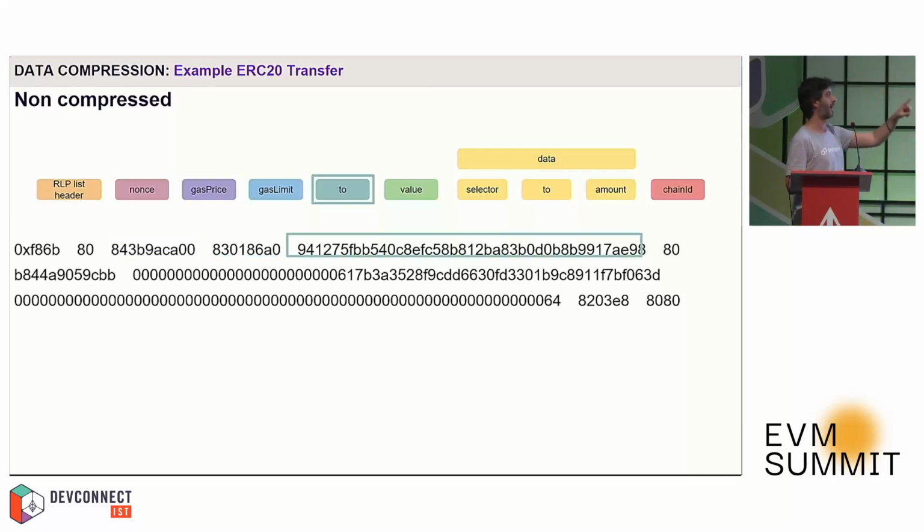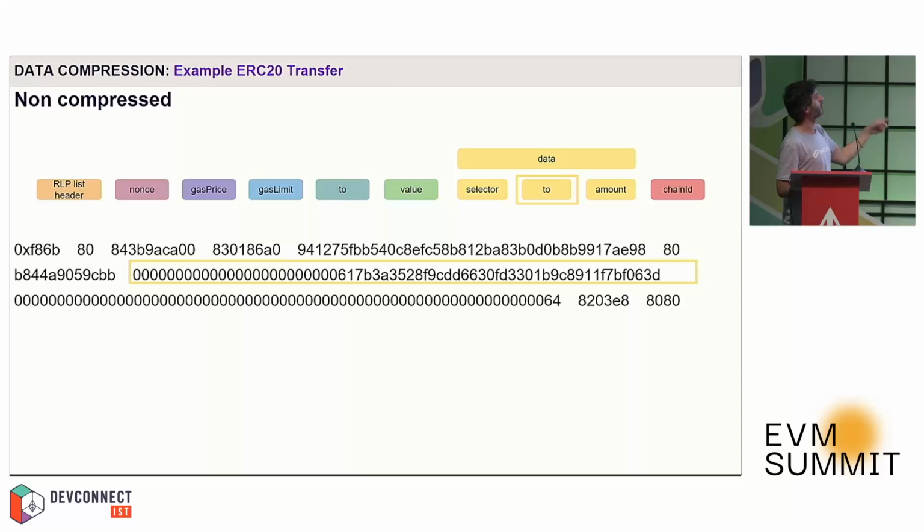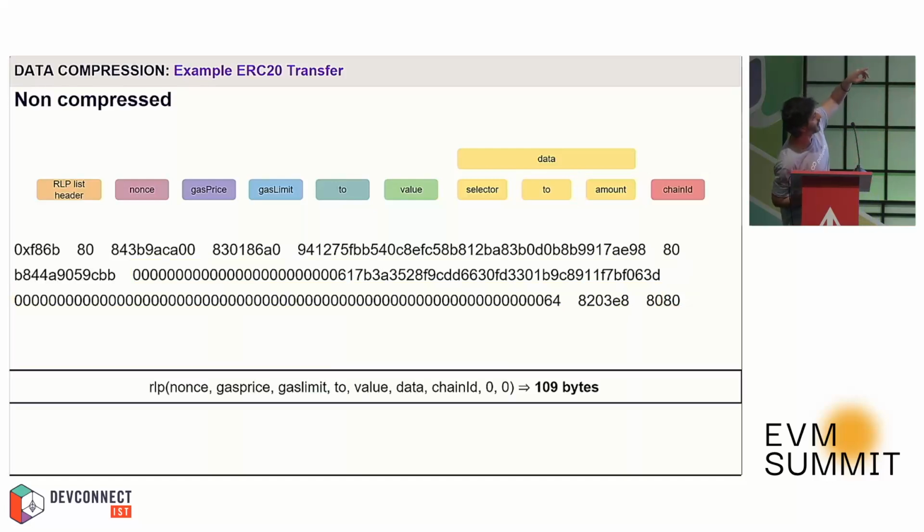Then 20 bytes for the address, with 94 in order to read these 20 bytes. The value is 0, the selector inside the data, then the address padded to 32 bytes, then the amount, which is exactly the same, and the chain ID. And at the very end, this is about 109 bytes.